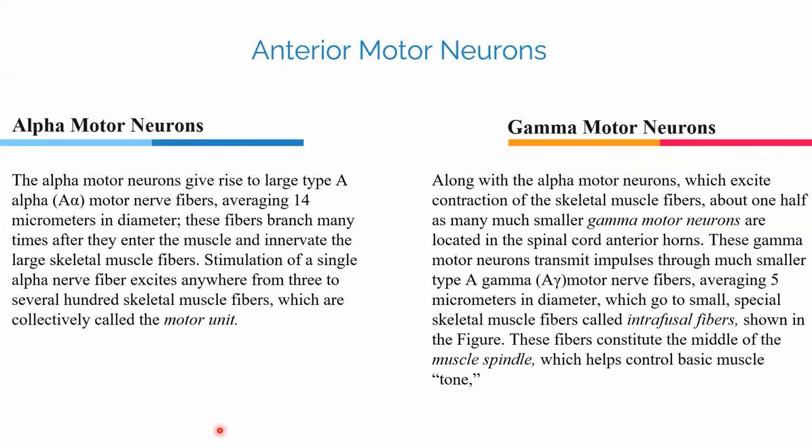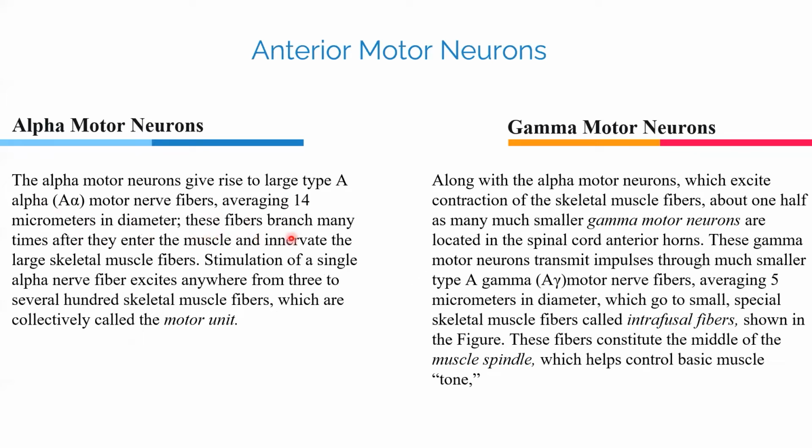Let us look into detail to what exactly is different between the alpha motor neurons and the gamma motor neurons. The alpha motor neurons give rise to large type A or A alpha motor nerve fibers, averaging 14 micrometers in diameter.